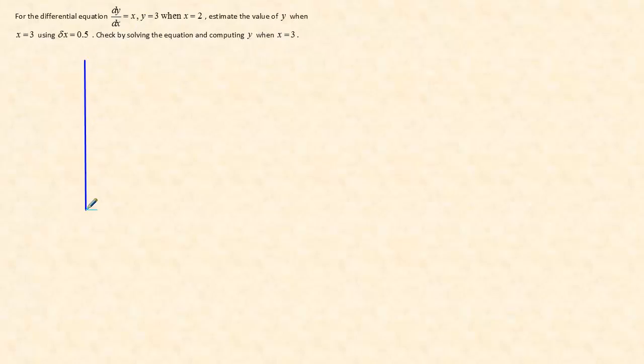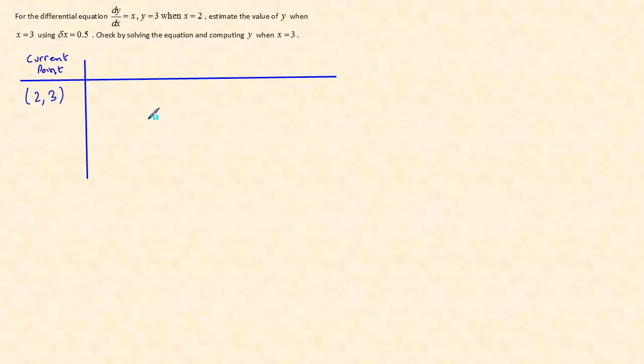Quite a good way of keeping track when you're doing this type of thing is to use a table. So I'm going to start with the current point just here, and at the beginning that's going to be 2, 3, our start point. Delta x, which we're given, is 0.5.